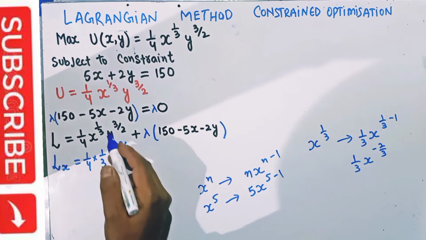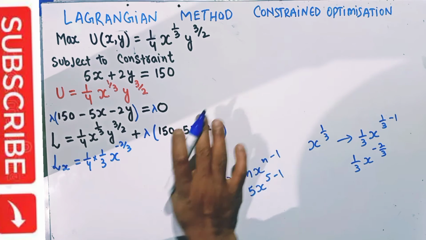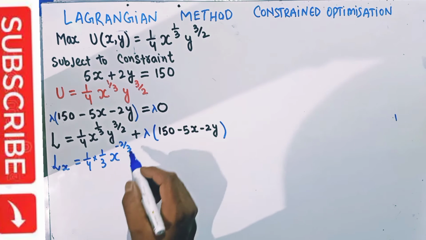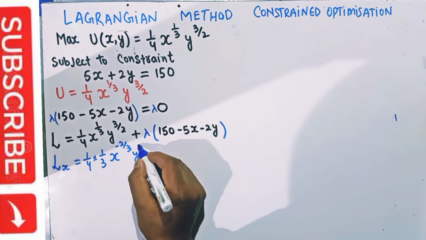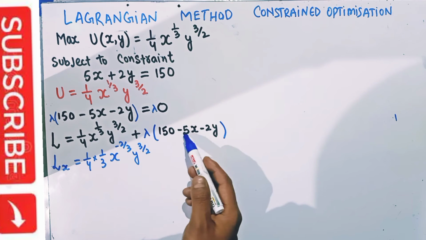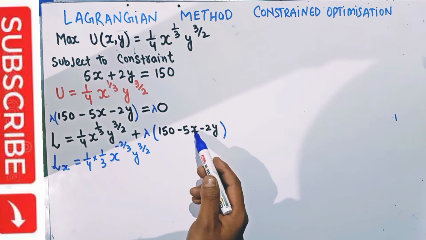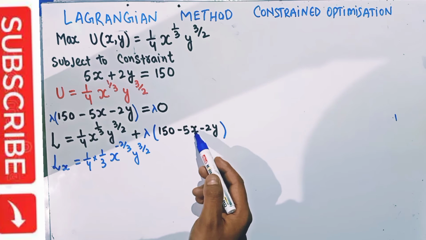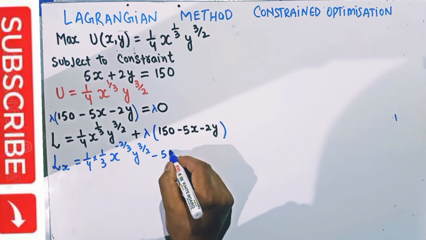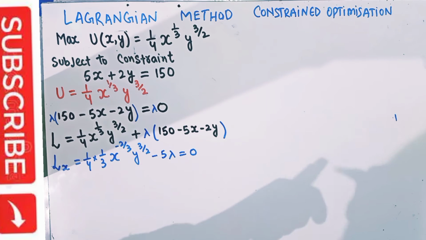Other variables will remain the same because we are taking partials here. So y raised to power 3 upon 2 will remain the same. Now here we have x in this middle term, so the derivative of x will be 1, so we will be left with minus 5 lambda, and we set it equal to 0.